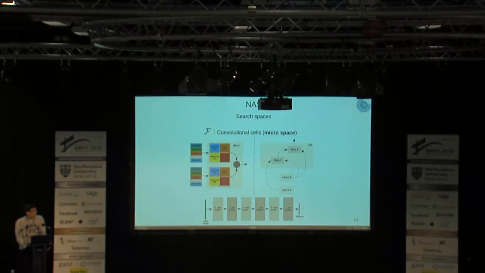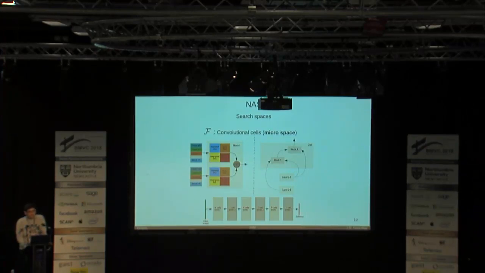The second space we are going to be talking about today is the microspace. This is a bit more complex to explain. Basically, we want to design convolutional cells that we are going to stack, as you can see at the bottom part of the figure, to form a full convolutional neural network. And each cell is composed of one or more blocks, 1, 2, 3, 4, 5 blocks.